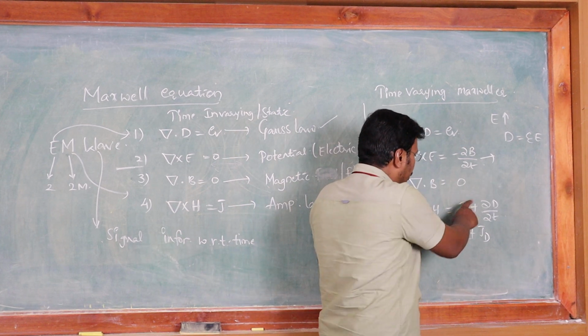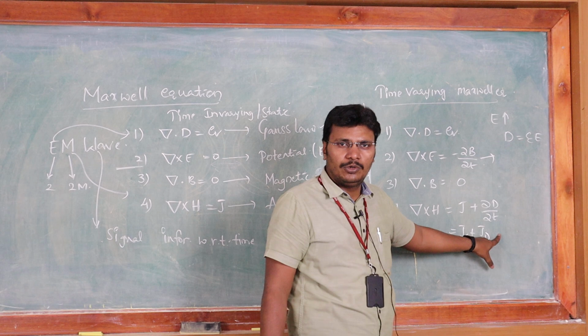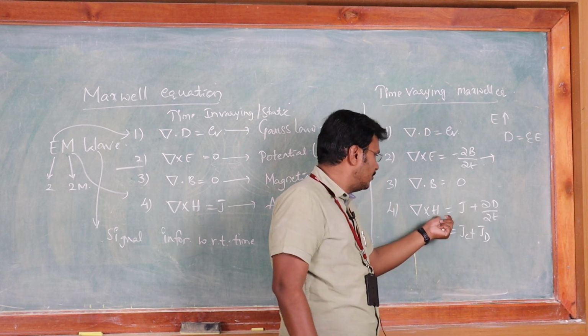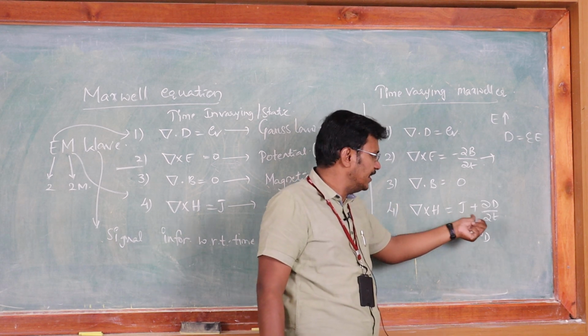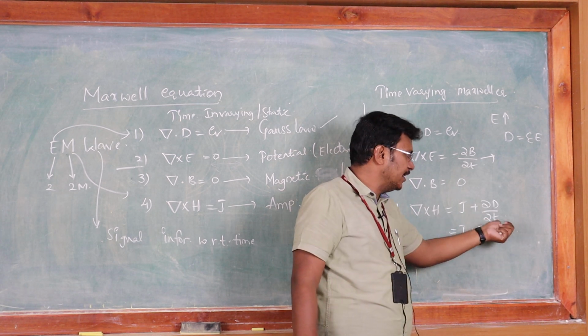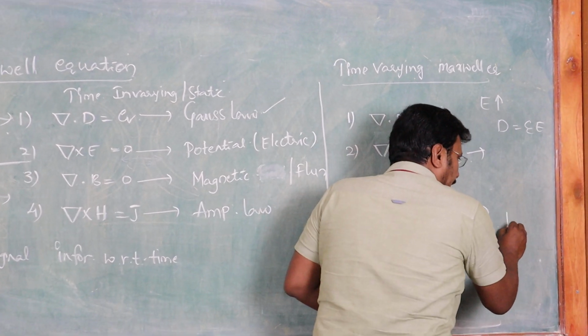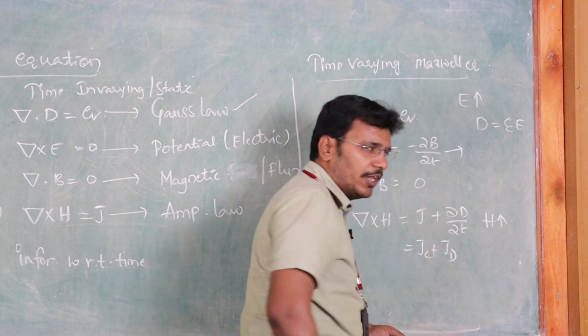In a similar way, here we have del cross H is equal to J plus dou D by dou T. So the magnetic field intensity H changes with respect to time.